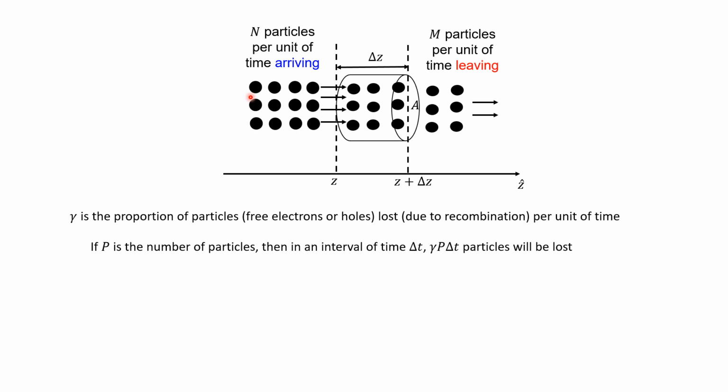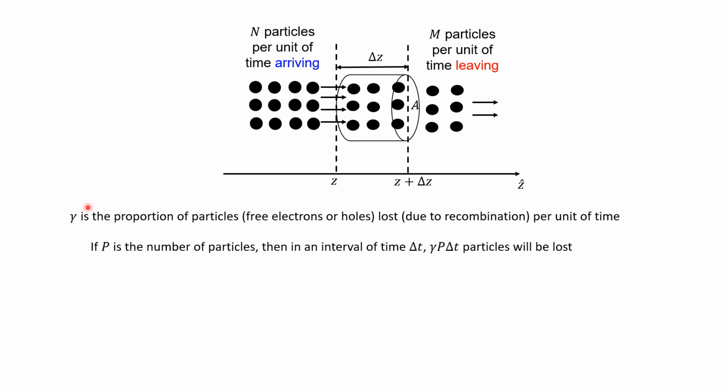Now, to include the recombination process in our equation, we need to express it somehow, and this is expressed with this parameter gamma. Gamma is the proportion of particles that are lost due to recombination per unit of time.